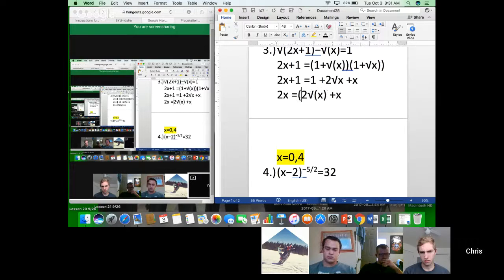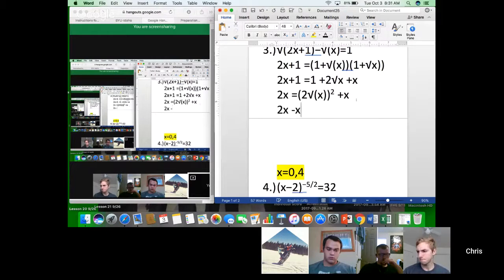You'd have to subtract an x from the right side to get it to the left, and 2x minus x is 1x. 4x squared, correct? No, that's not 4x squared. It's just 4x, because the square gets rid of the square root of x, so your x wouldn't be squared after that.